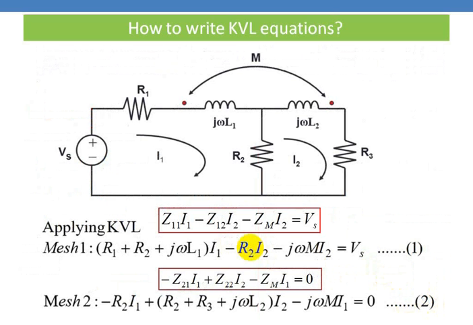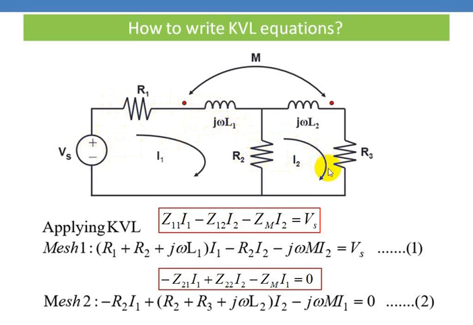Coming to the next problem, let us see how to write KVL equations if a coupled circuit is given. Let us consider this circuit. There are two meshes. In the first mesh, we have voltage source, resistance and inductor L1. Its reactance is given as J omega L1 and R2.